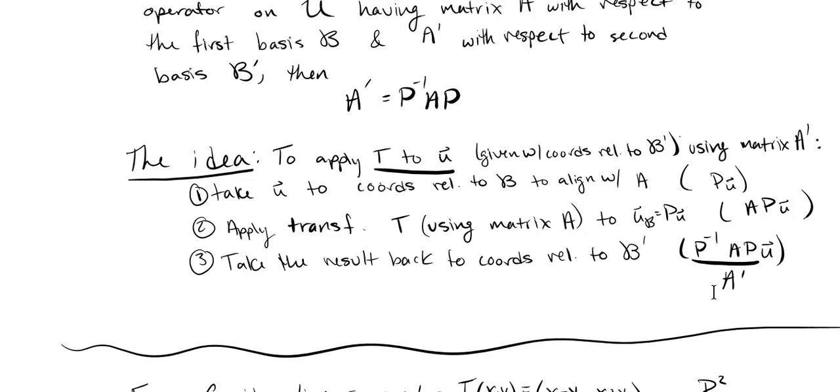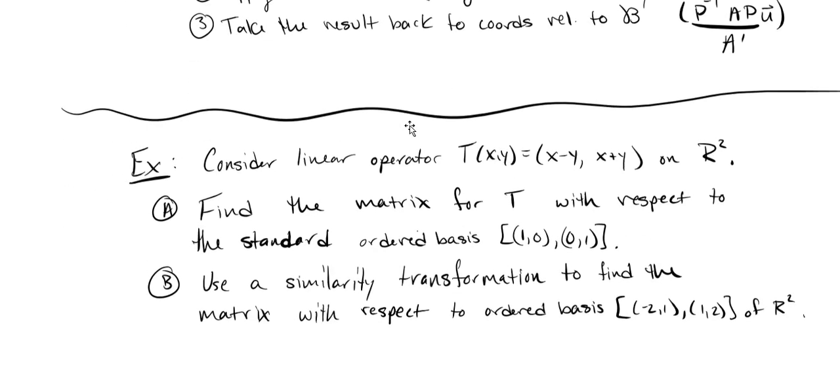The matrix that gets us there is A prime, defined just like up here. I think of it as taking it from the wrong basis coordinates to the correct ones to work with A, then applying A and taking it back. P takes it to the right basis, A applies the transformation, P inverse takes it back to the basis it started in. That's how I would think about this.